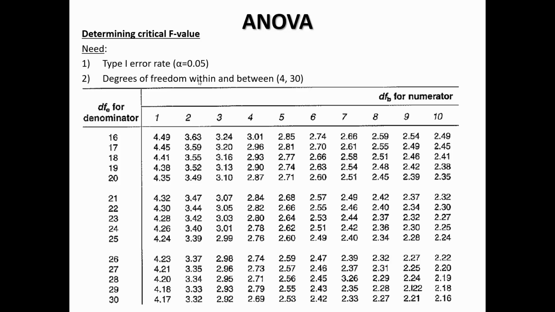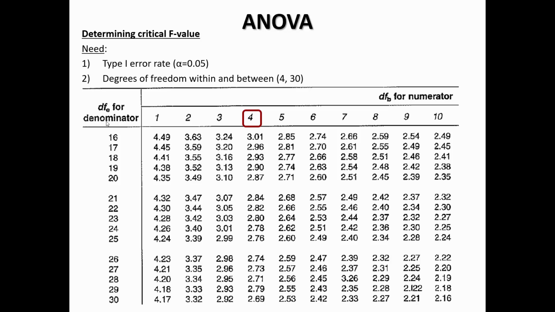So the way we read this table is we start along the top row, and the top row is the row indicating the degrees of freedom for the numerator. And so that's the degrees of freedom for the between variance. And our value is 4 because our degrees of freedom for the between is the number of groups, k minus 1. We had 5 groups, subtract 1 gives us a 4.